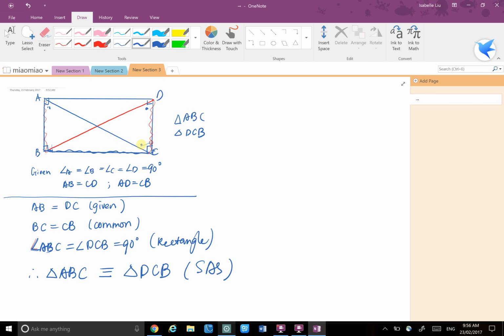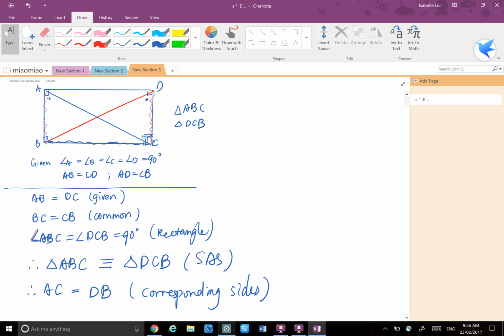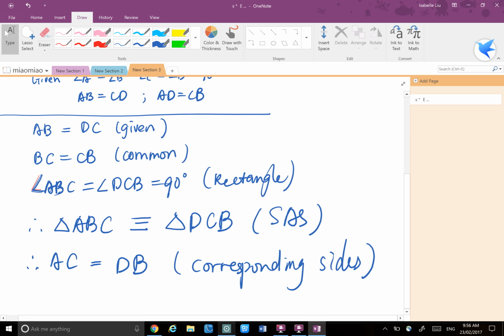B and C are corresponding pairs, and C and B are corresponding pairs. So that's how you write this. And therefore, AC must equal DB because those are corresponding sides, which are the hypotenuse. They're all opposite the 90-degree angle. That's how we prove that.